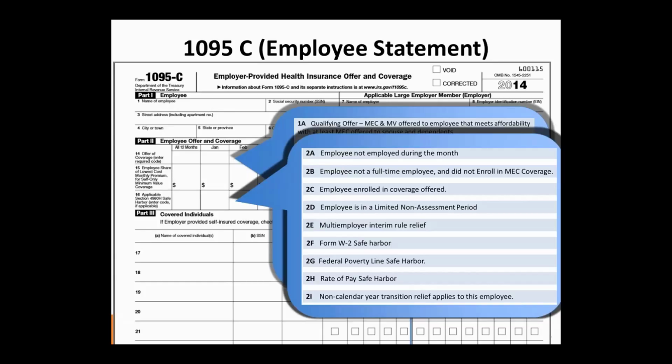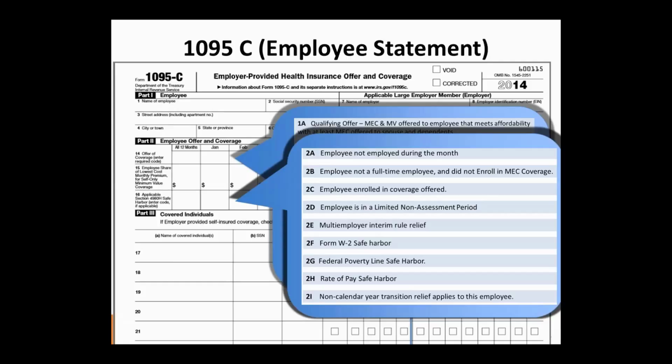And if you remember the codes, on line 14 you would put no offer of coverage, 1H, and then on line 16 you would put employees in a limited non-assessment period while they're in their waiting period.